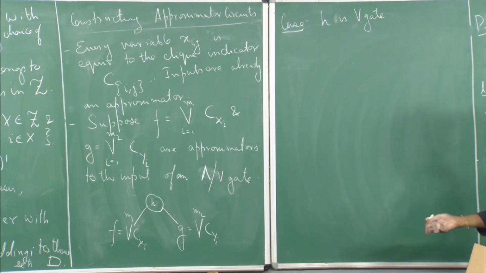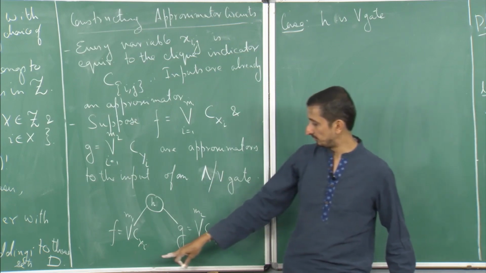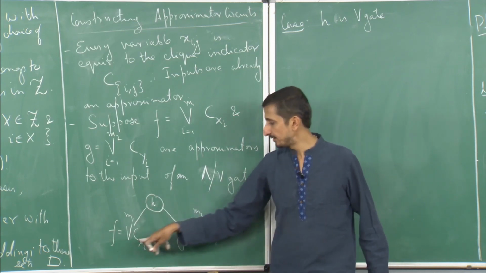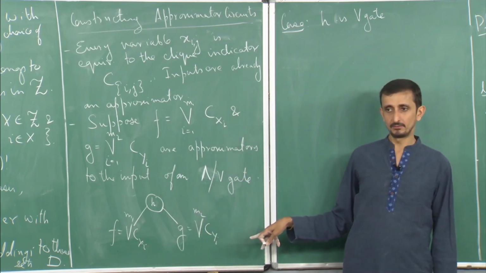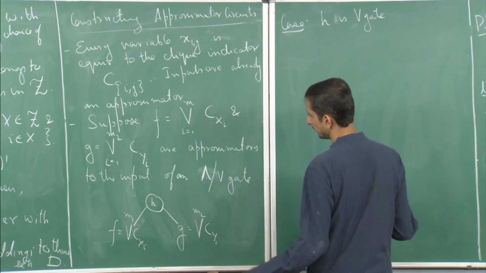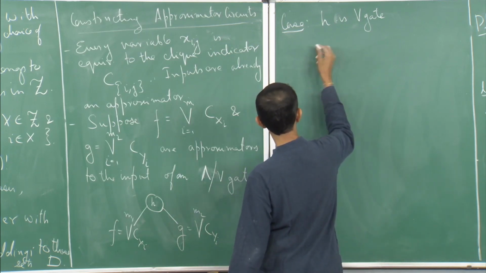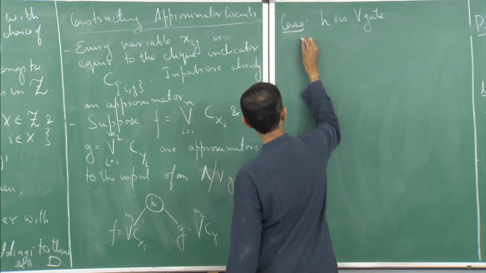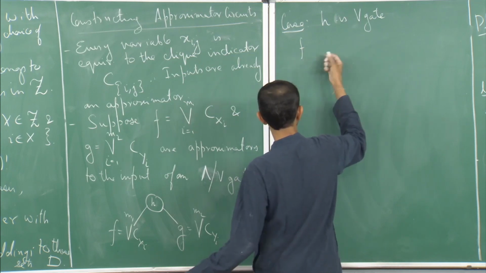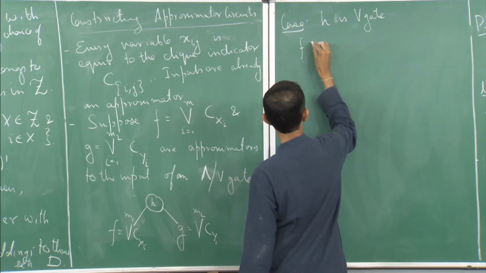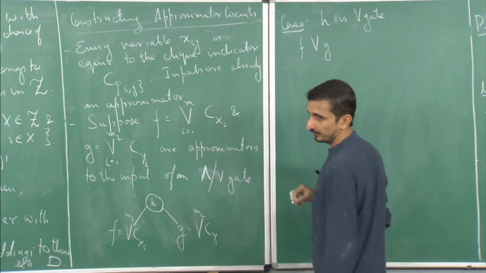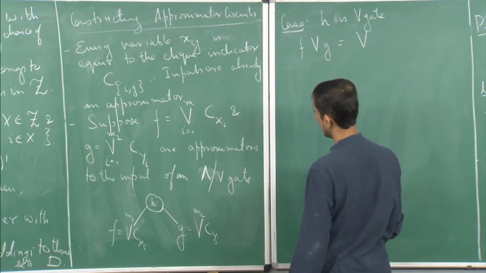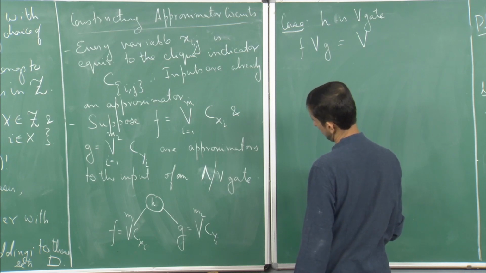So what do we mean by an OR gate over here? Look at this diagram. An OR gate will evaluate to 1 if any one of these clique indicators is 1. What is the most natural way of defining the clique indicator for H? If I define f OR g, we essentially get an OR of these.